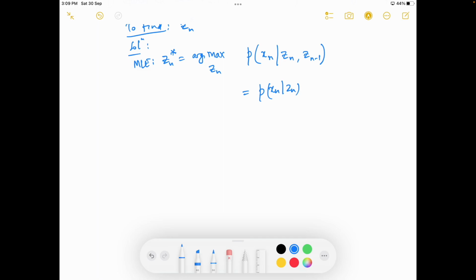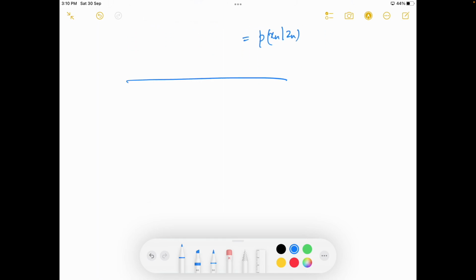Let's say temperature is given to you, today is 40 degrees Celsius, tell me which season it is. Let me plot it like this: 0 degrees Celsius, 50 degrees Celsius.